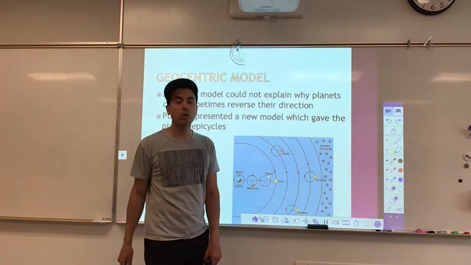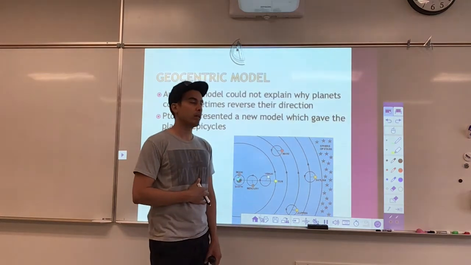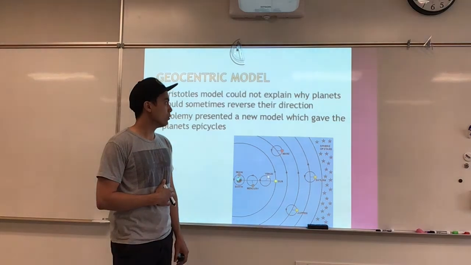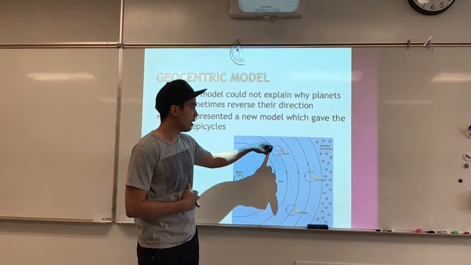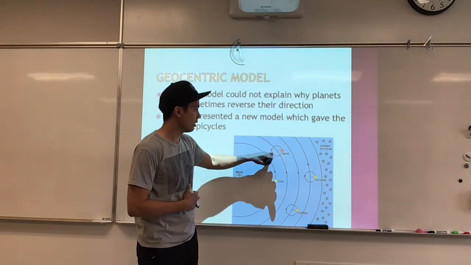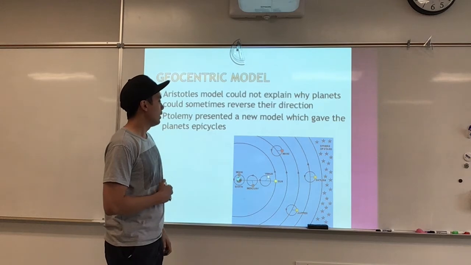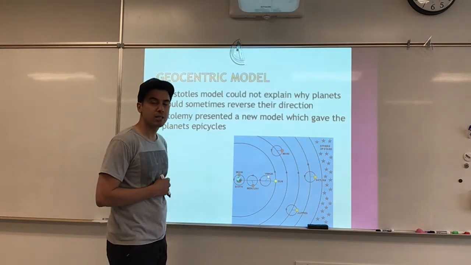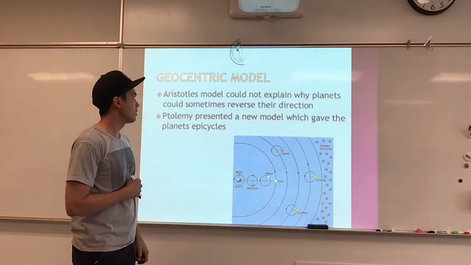They do a slight wobble, and this is just based on observation that ancient astronomers made. And so Ptolemy presented this idea that maybe the planets are moving in their own little circles, epicycles as well. But even this isn't the case, but this is just a theory that was proposed.